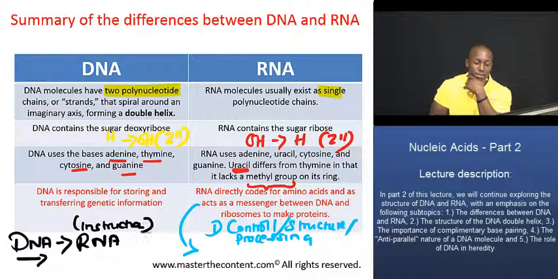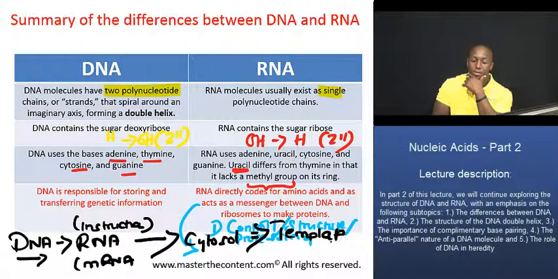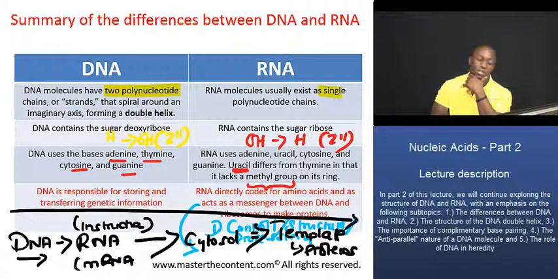This RNA is referred to as messenger RNA, which then leaves the nucleus of the cell, where DNA is located, into the cytosol or the cytoplasm, where it then proceeds to be used as a template to produce new proteins.